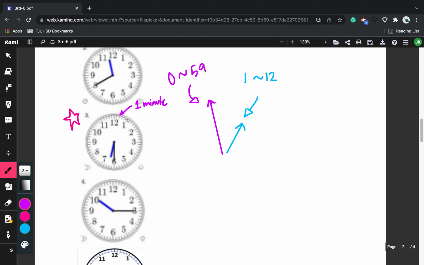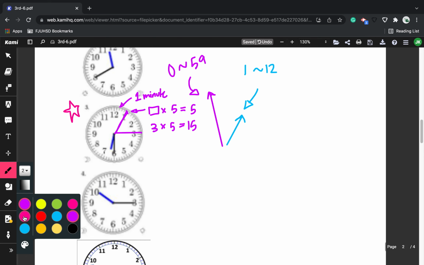However, if it touches exactly one of the numbers, that will be that number times 5 minutes. So when it reaches here, it's 5 minutes. If it reaches 3, that's 3 times 5, which is 15 minutes that has passed.